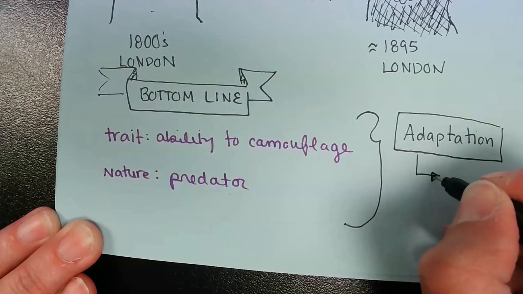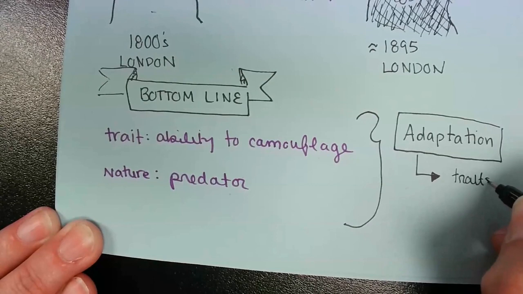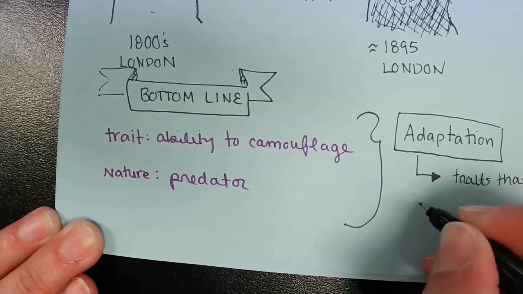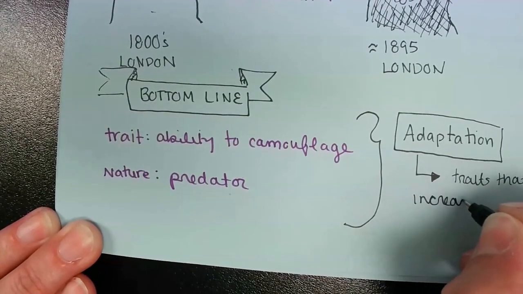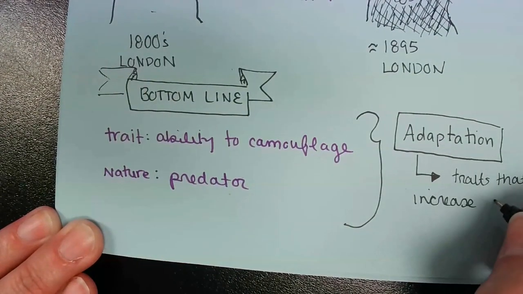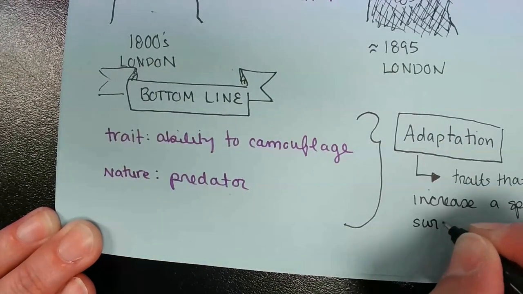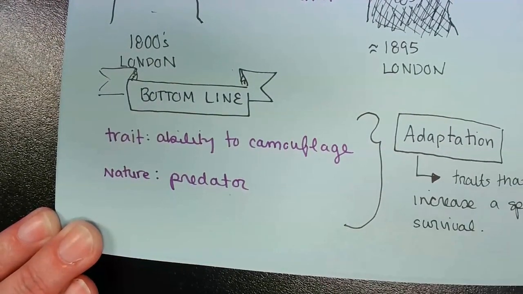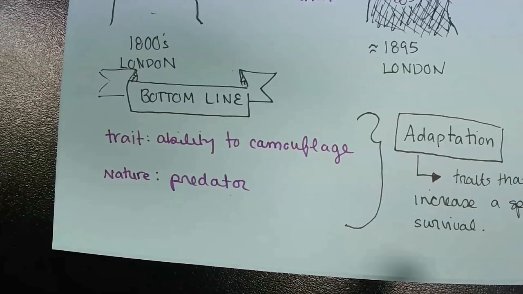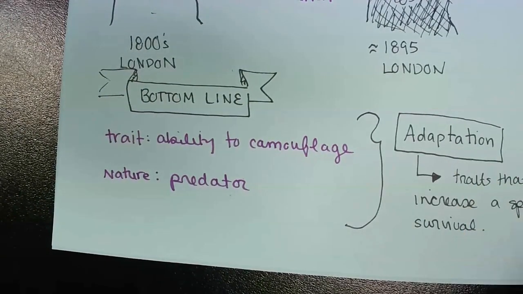Adaptations are traits that increase a species' survival. Bottom line: if a species can adapt, they're going to survive. If a species cannot adapt, they're going to die.